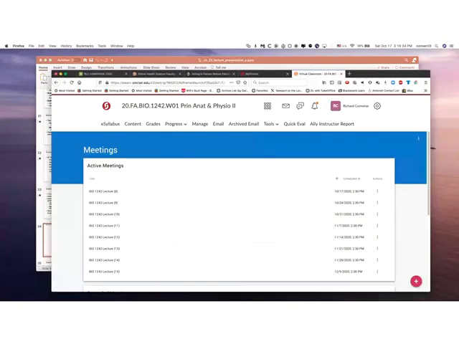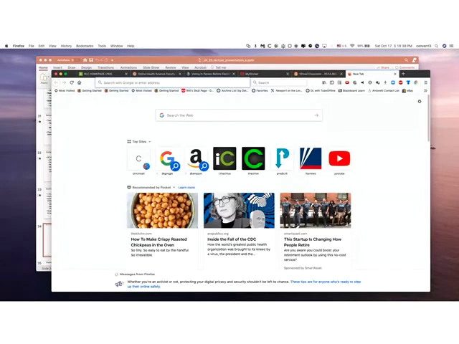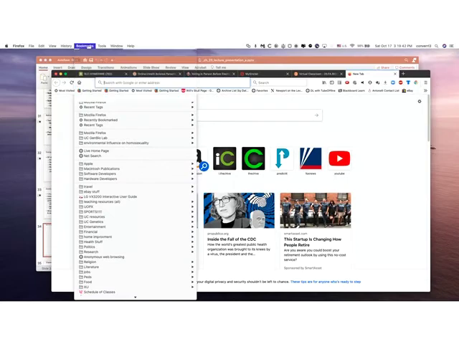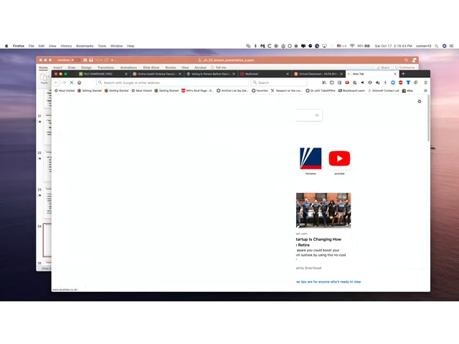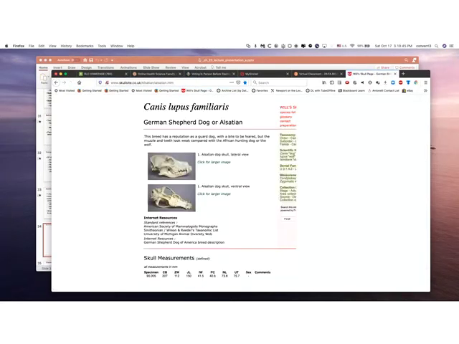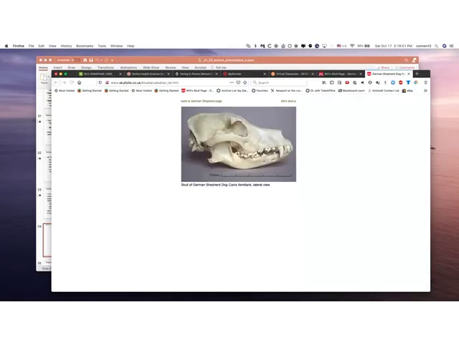For instance, if we were to look at the dentition of a dog, let's look at a German Shepherd. You'll notice lots of canines, a few little tiny incisors, and just a few molars, not very many. And a huge ridge across the top of the skull. This is the dentition of a carnivore.